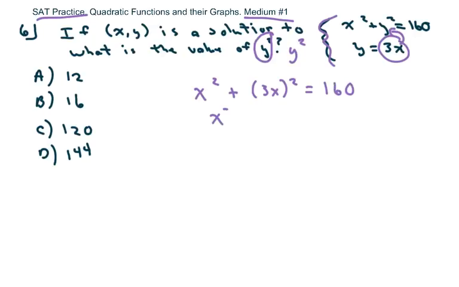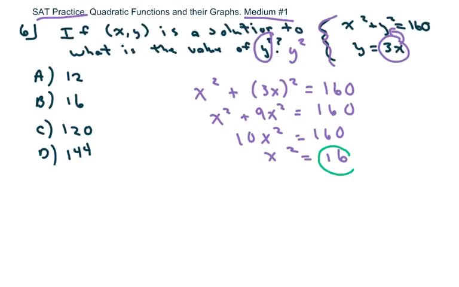So you get x squared plus 9x squared equals 160. 10x squared equals 160, so x squared equals 16. And that's where we're going to stop. Since we know that 16 is x squared, we're going to solve for y squared and plug 16 into that.